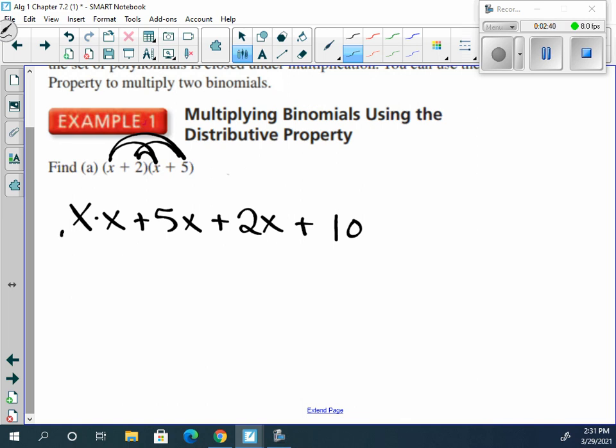Now, the thing is with this here, x times x, anything times itself is being squared. Because x times x is x squared. Because if we said 2 times 2, well, that would be 2 squared. 2 squared is 4. 2 times 2 is 4. Whenever we multiply a number by itself, or a term by itself, it is squared.